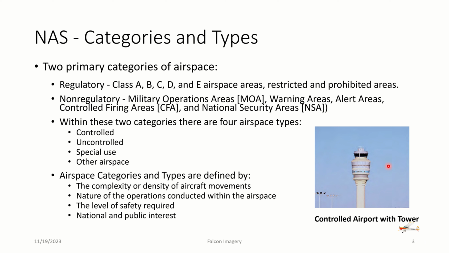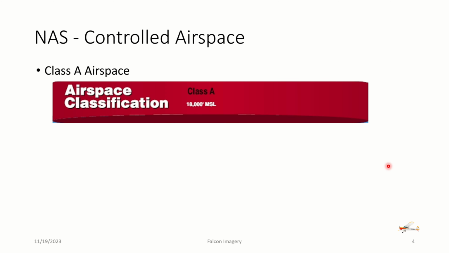They've got a lot of instrument operations or complex operations going on, and they're usually located in very populated areas or cities. For all those reasons, they get classified as Bravo. As we go from Charlie to Delta and so on, the complexity and density of that traffic to those airports gets less, and thus they're defined differently.